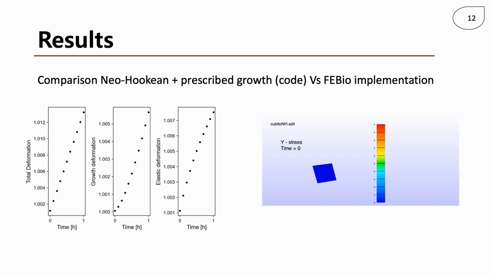So first, I'm showing here a comparison of the Neo-Hookean plus the prescribed growth in code versus the FEBio implementation. From the code results, it is important to notice that the growth deformation and elastic deformation values were very similar. And here in the video, we'll talk about it later.